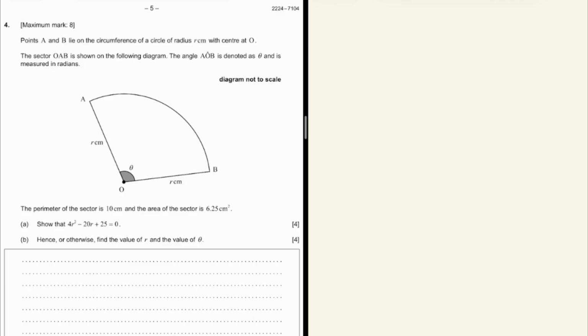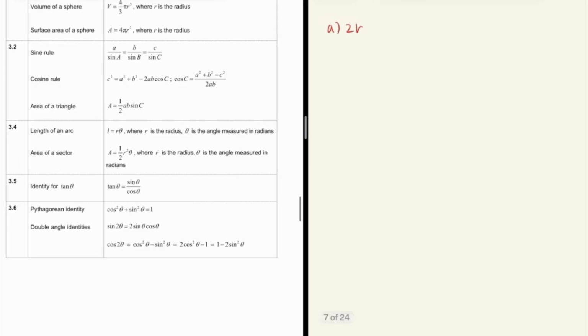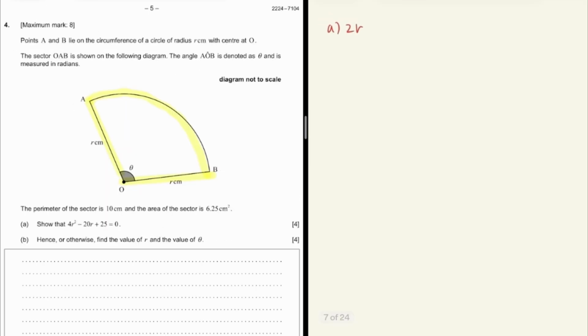So for question 4, we know that the perimeter is 10 centimeters. And so for question A, we know that 2r, which is these radii, plus the length of the arc, which we know is r theta, equals 10.